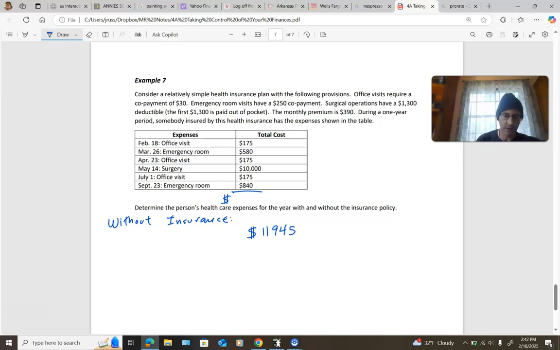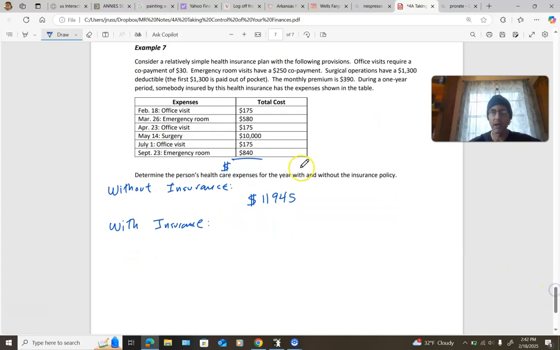Okay, now with insurance, the first thing I want to do is just add up the cost of simply paying for the insurance, and then we'll figure out what our responsibility would be for each of these expenses.